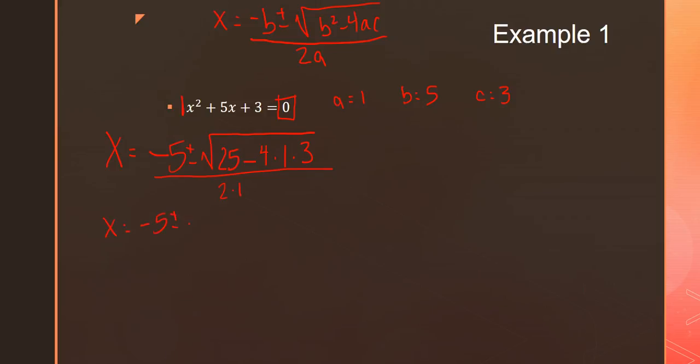Now I'm going to simplify inside the square root. What is 4 times 1 times 3? Well, that's 12. And 25 minus 12 is 13.